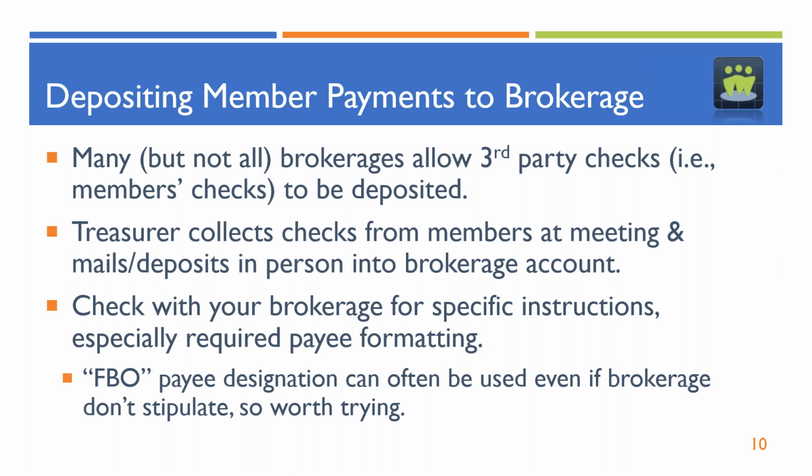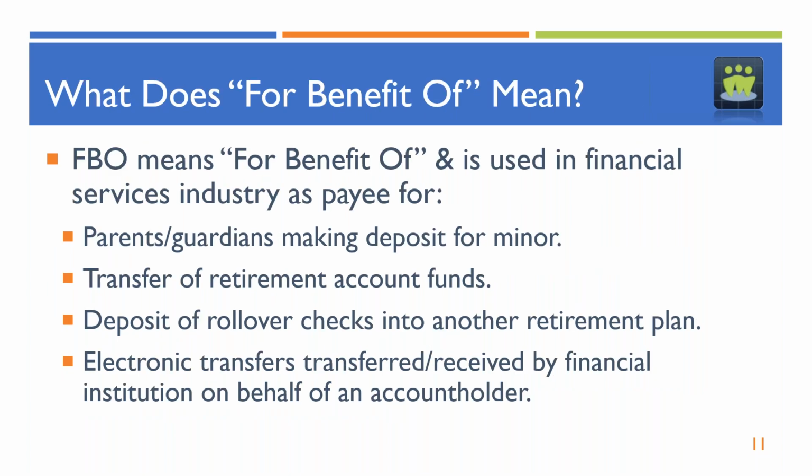There is an FBO payee designation that's often used, and many brokers will accept it. They may not suggest it, but it is commonplace in the industry. FBO means for benefit of.